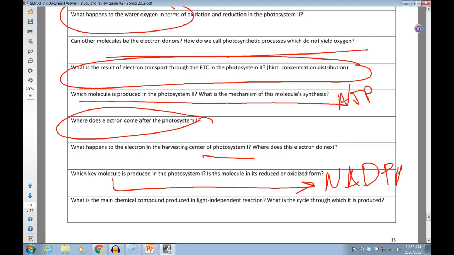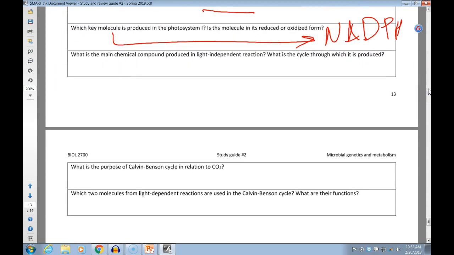Okay? The light-independent reaction is the Calvin-Benson cycle. Carbon dioxide interacts with ribulose bisphosphate. Remember that story? It interacts with ribulose bisphosphate, producing, after several steps, a 3-carbon intermediate, which all boils down to G3P, glyceraldehyde 3-phosphate, which, as a part of the Calvin-Benson cycle, is used to synthesize molecules like glucose and fructose.